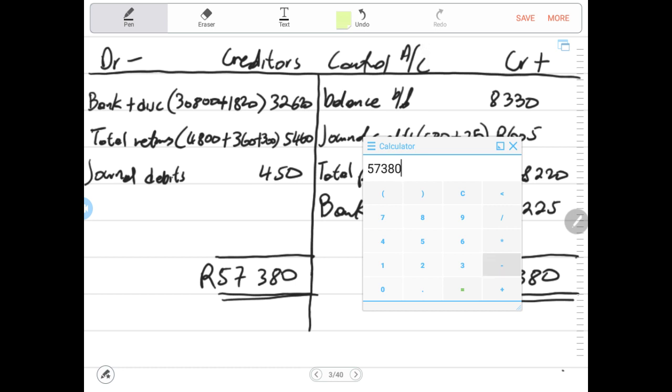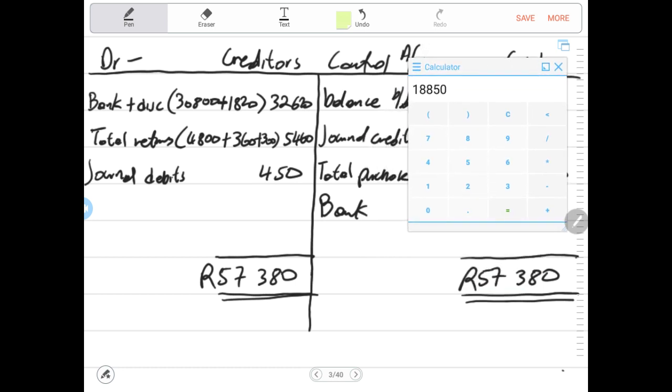We minus our debit side: 32,620 minus 5,460 minus 450. That is 18,850.